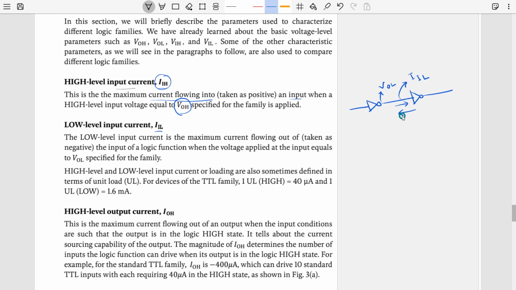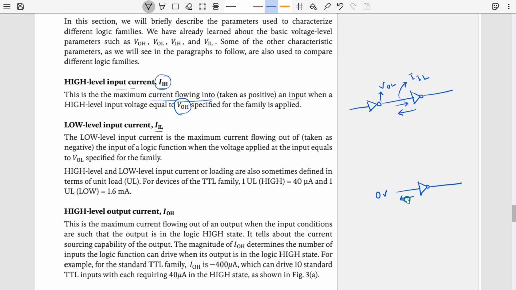Why is that? When we talk specifically about the architectures of different logic families, you will see how that happens. For a TTL logic family gate, whenever we are providing 5 volt, any high voltage like that, current is going inside. The architecture makes that happen. But whenever we are giving a value close to 0 volt, you will see that the direction has changed, and the amount of current also varies drastically.